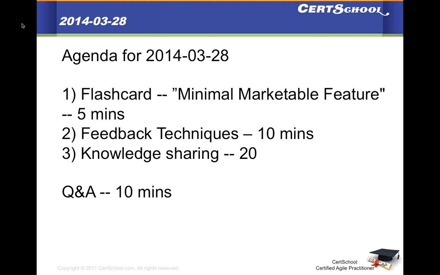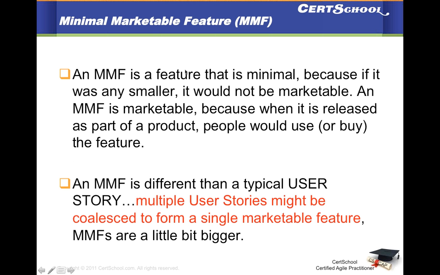Okay, so let's talk about minimal marketable feature first. It is something that is very specific to Agile. By definition, there's a lot of vernacular on the page, but I'm just going to read parts of it, and then we'll explain what it is.